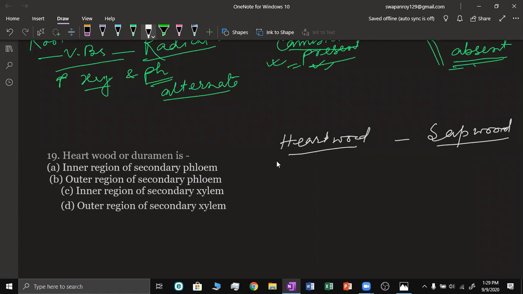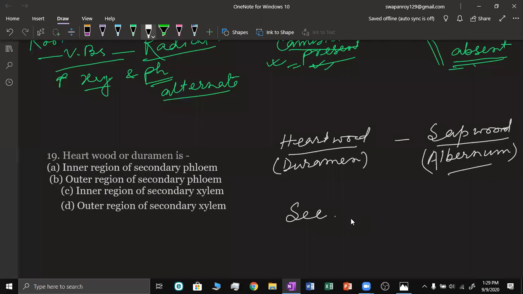Heartwood is also known as duramen, and sapwood is alburnum. So heartwood and sapwood are formed after the secondary growth in the stem and root.